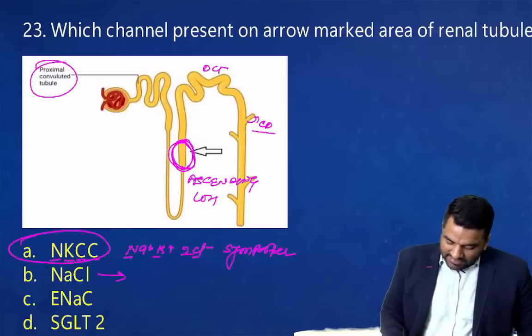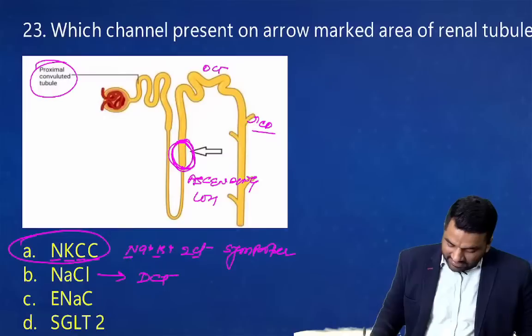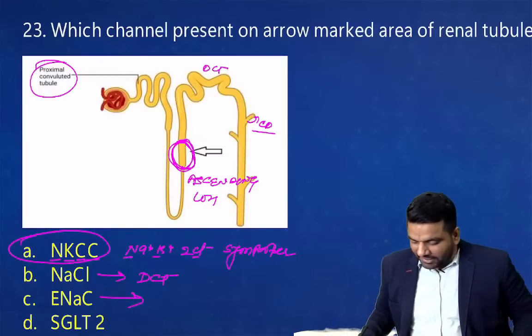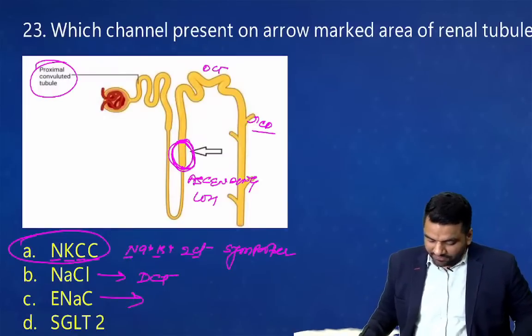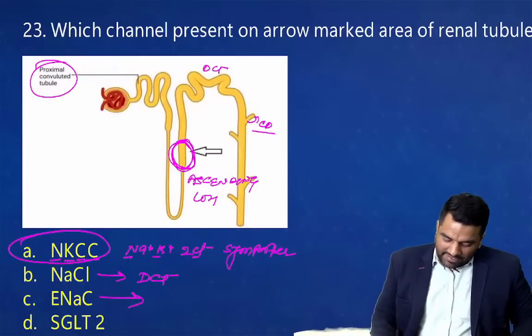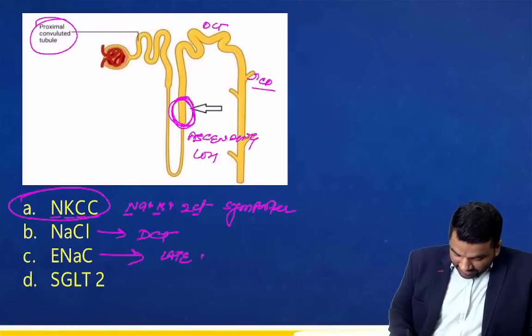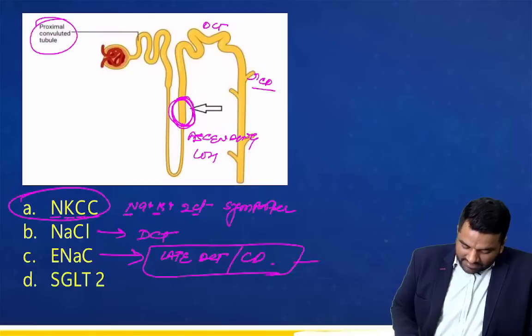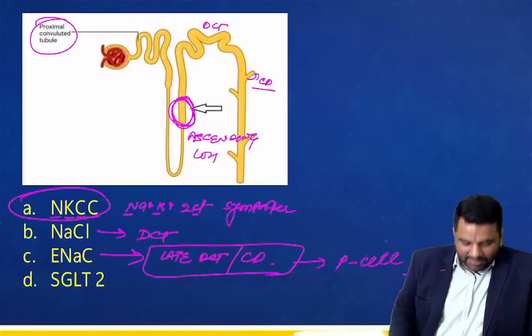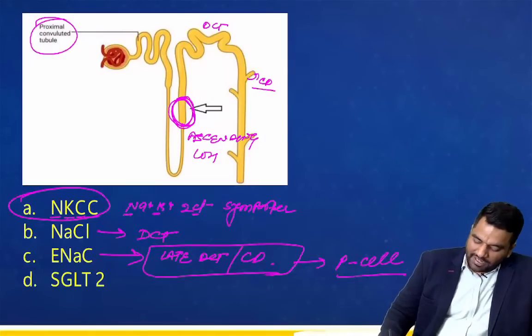Yes. So NaCl, this is present in the DCT. ENaC, where is the ENaC present? Please answer. ENaC is present in the late DCT or in the collecting duct. And which cell? P cell, principal cell, right, beta? P cell.